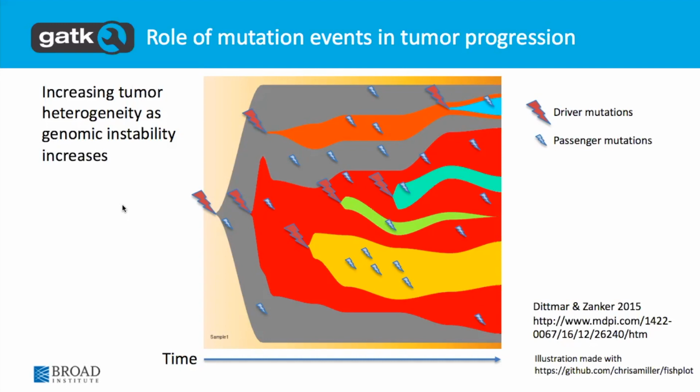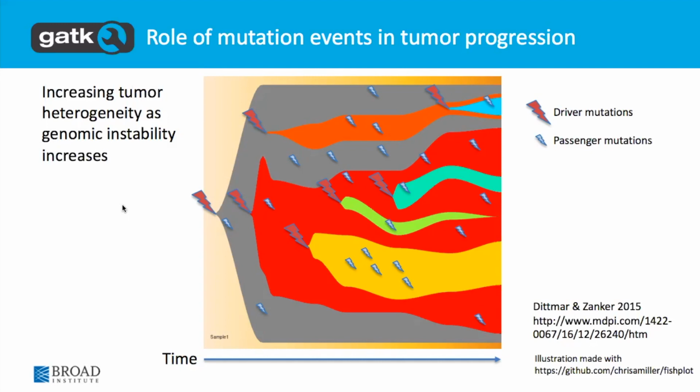If you think about what's happening from that single key mutation event that kicks off the chain reaction that leads to tumor development, there's a variety of things that happen within this tissue, where you start with one cell that mutates, and you end up with a cascade of events that leads to a tumor of many cells.